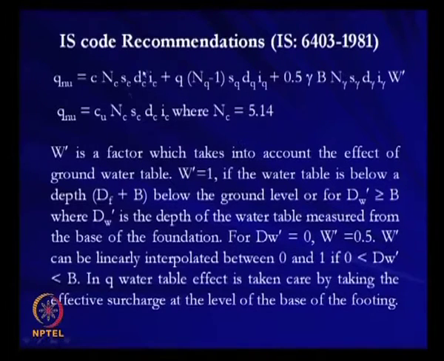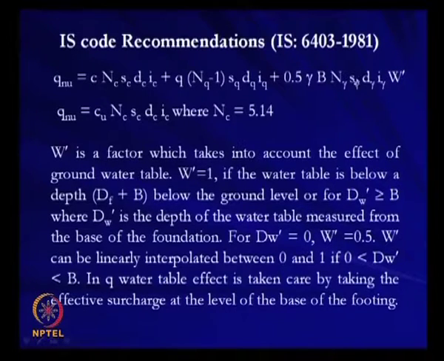In the first term, there is no effect of the water table. For the second term, to incorporate the water table, we have to take the effective overburden pressure or surcharge when we calculate this Q, and for the third term, depending upon the position of the water table, this W dash value also has to be used.